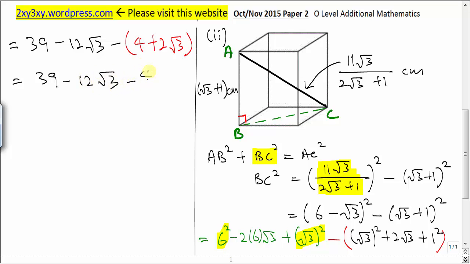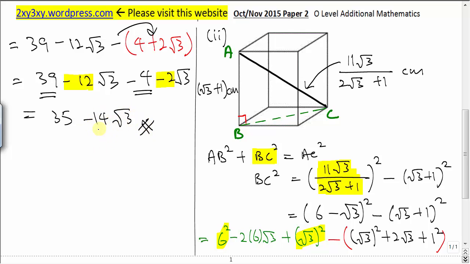Remove the bracket here, negative and the positive will be a negative. So you add up 39 minus 4 will be 35. Negative 12 and negative 2 will be negative 14, and put down the square root 3. So this is the expression for BC square.